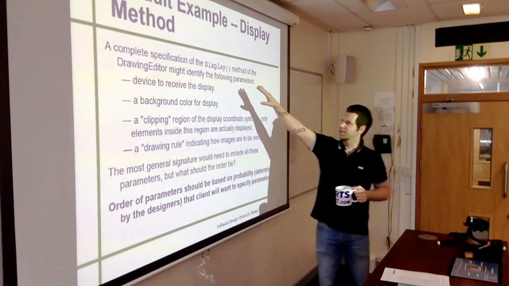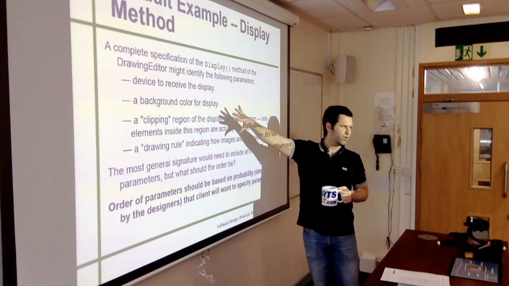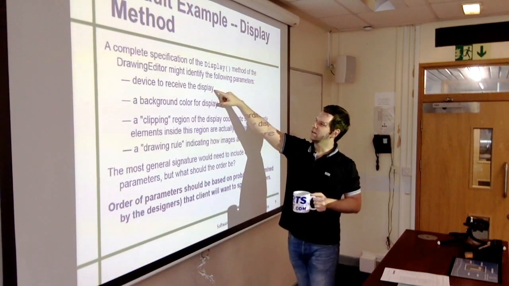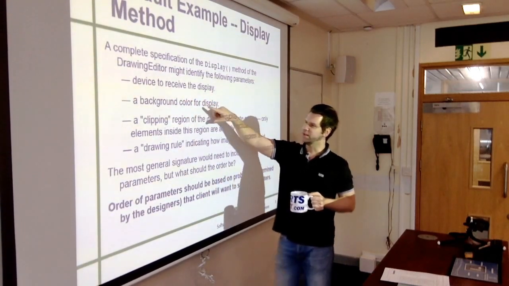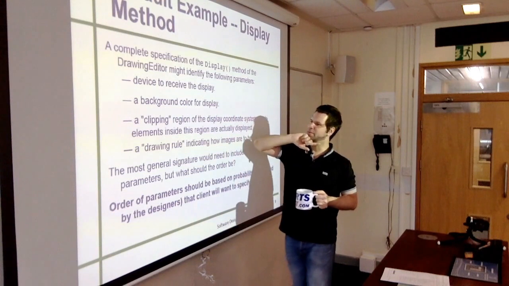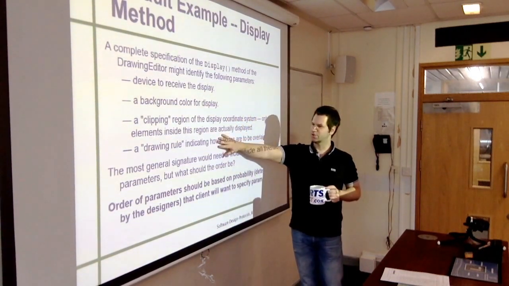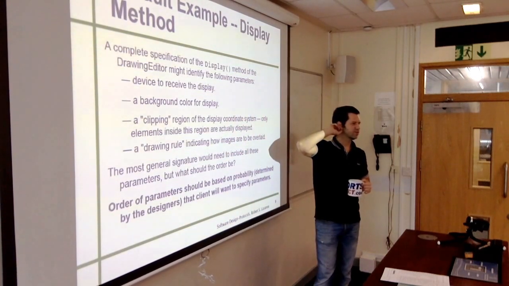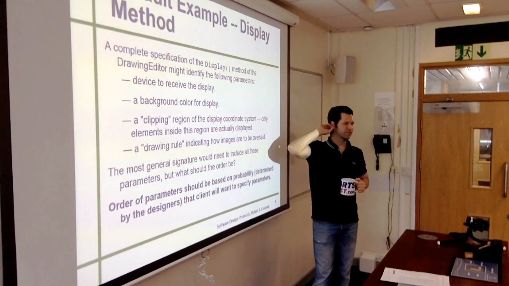Imagine we have to write a display method, and we have to cover all these different possibilities. We'll have a display method that takes the device as an input parameter. We'll have another one that takes the background as an input parameter. We'll have another one that specifies a clipping region, a drawing rule, and all the different combinations of those. Anybody know which one's going to be the most popular?